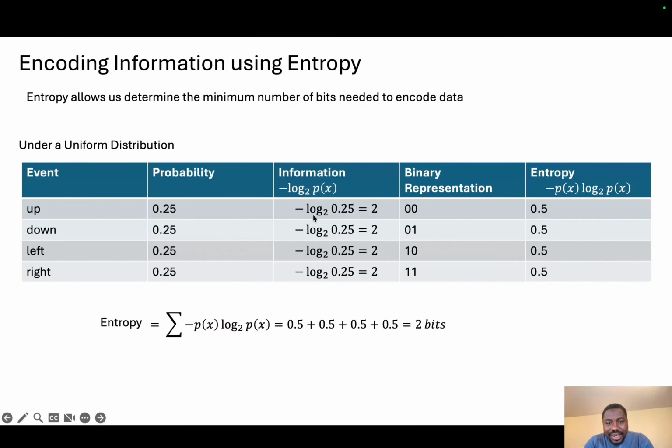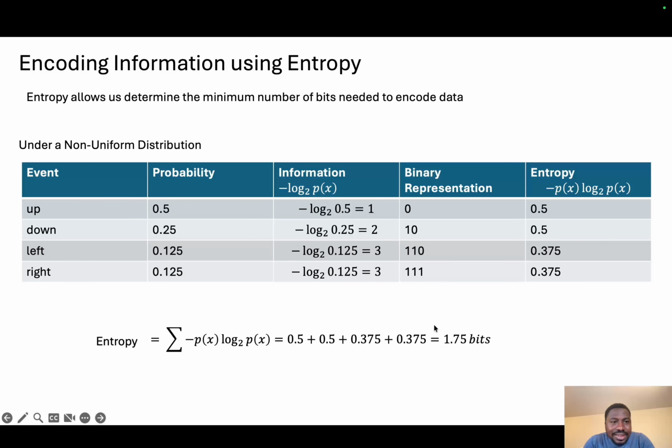If you compute the information content, you get 2 bits. One of the cool things here is that, because they are uniform, the optimal way to send this data is to encode it with 00, 01, and so on, 2 bits per command or event. And so the entropy in this case is 2 bits.